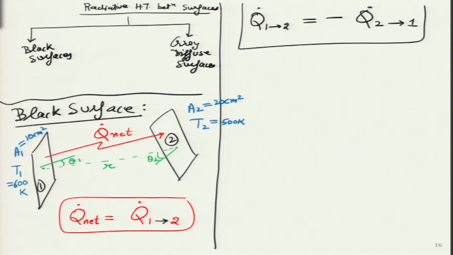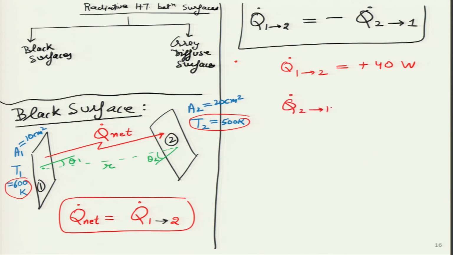In this example, clearly surface 1 is hotter. How do I know? This is 600 Kelvin, this is 500 Kelvin. I am just putting some number, so do not believe this number right now, just to illustrate some point. Then when we calculate q dot 2 to 1, it will turn out to be minus 40 watt.